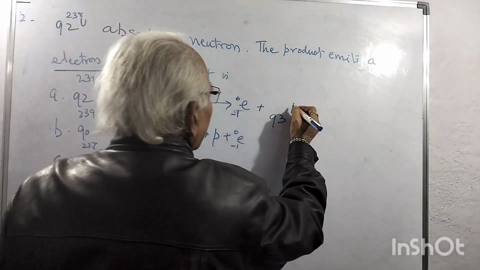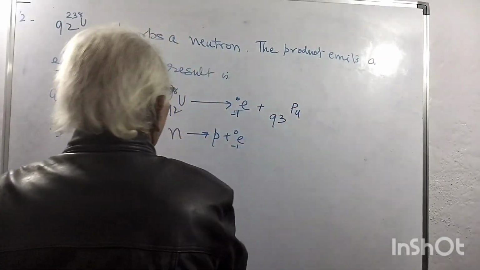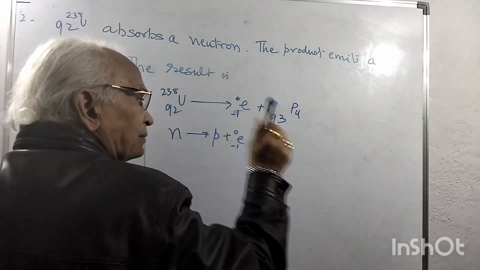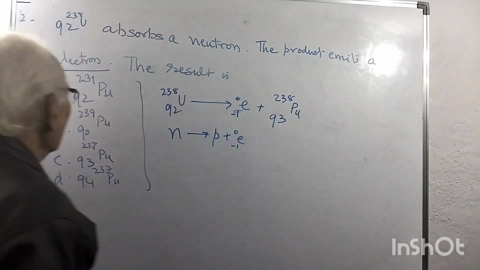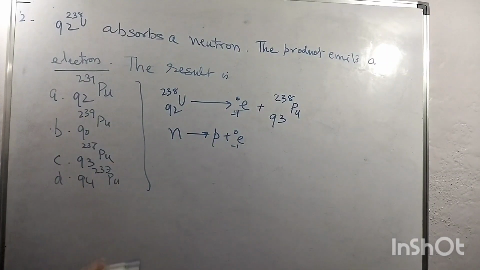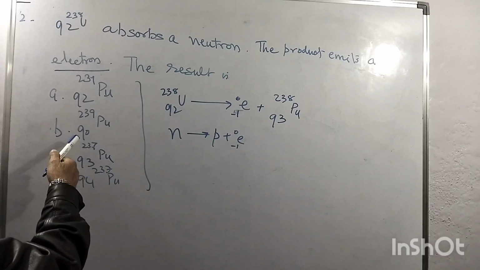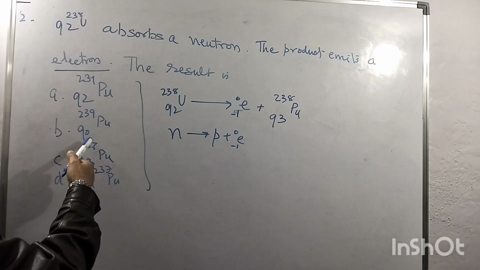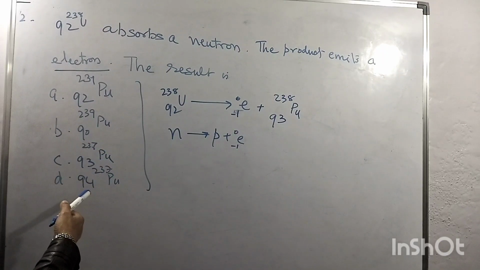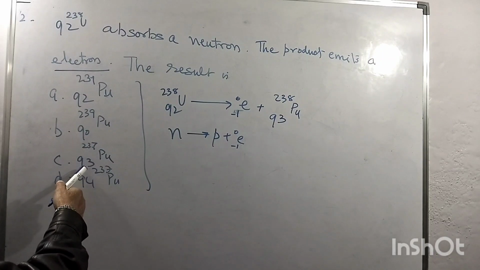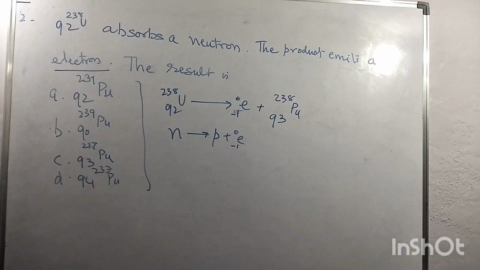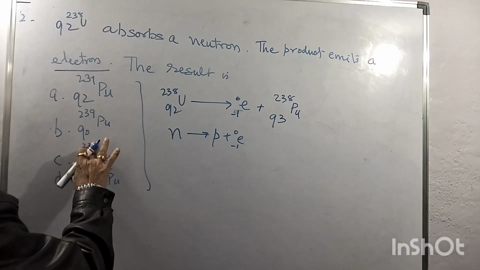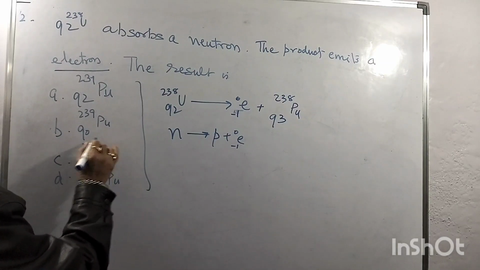Whatever here, they say 93 Pu, mass remains same, 238. So I think no answer is correct. So what should be there? Here 92, 90, 93, 94. So here charge is 93. The mass should not be 237, because mass remains same. This should be 238.